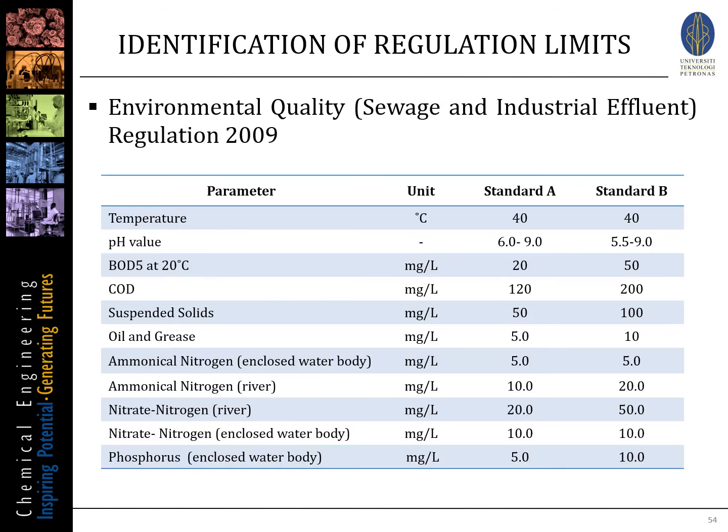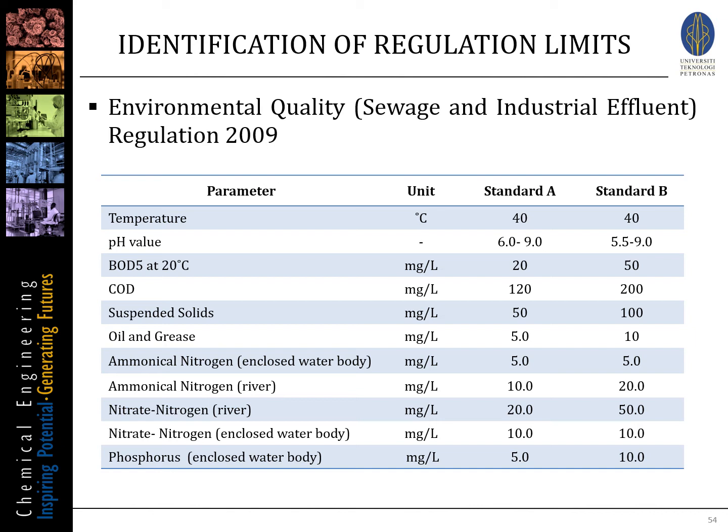Next is the Environmental Quality, Sewage and Industrial Effluent Regulation 2009. By regulating this discharge, we protect the receiving water body and corresponding aquatic ecosystem. It also protects public health from the damaging effects of untreated sewage.